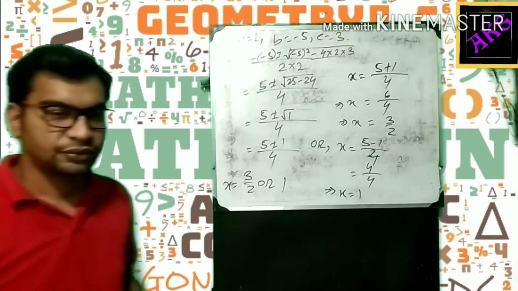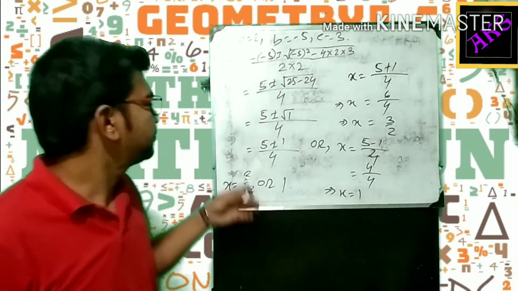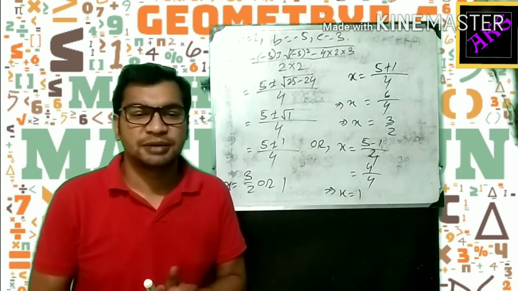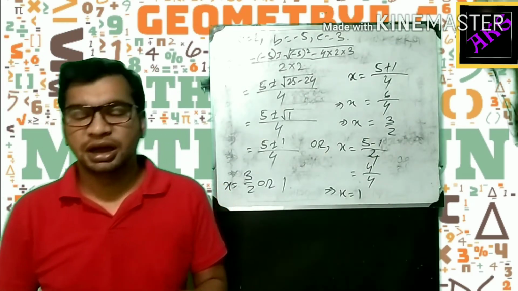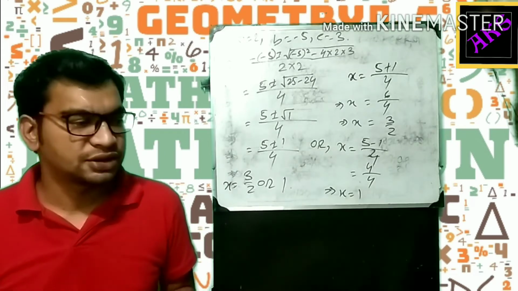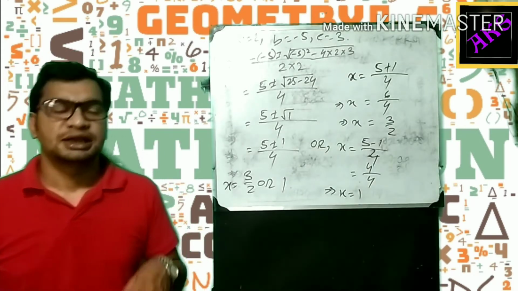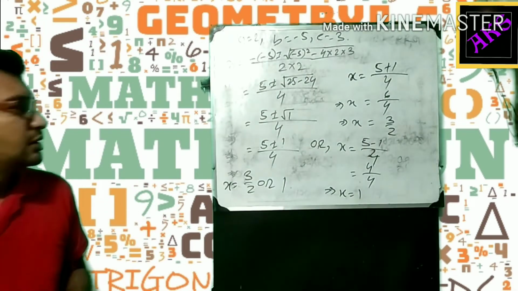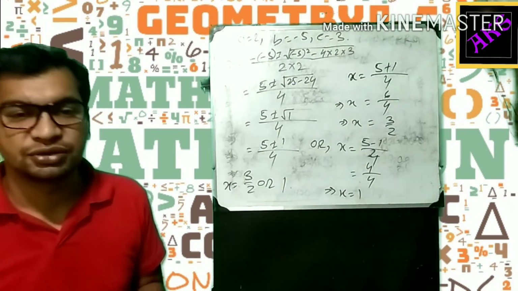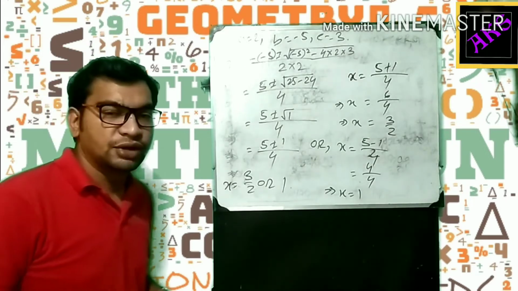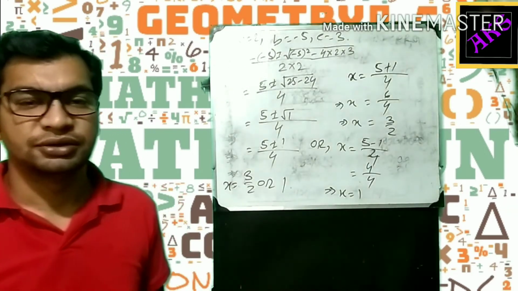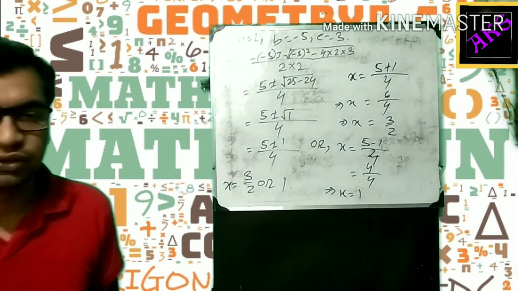Clear? Let's try to remember the steps again. First, we have to clear all the fractions. The second step is we have to express it in the standard form, and the third and most vital step is to compare it with the equation ax square plus bx plus c equal to 0, which is the standard form of a quadratic equation.